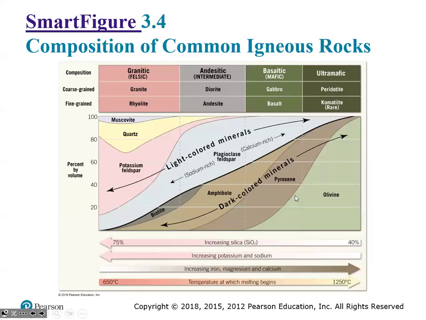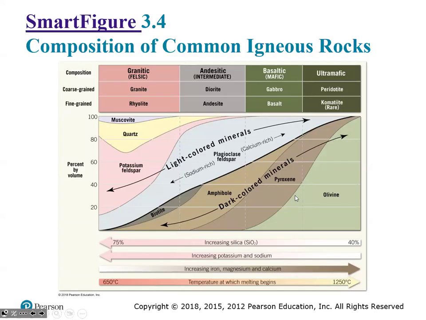In theory, fine-grained is komatiite, and ultramafic rocks are very, very rarely extrusive. So you do not usually see that. And you get more light-colored minerals in the granitics and more dark-colored minerals in the basaltics, the mafics.